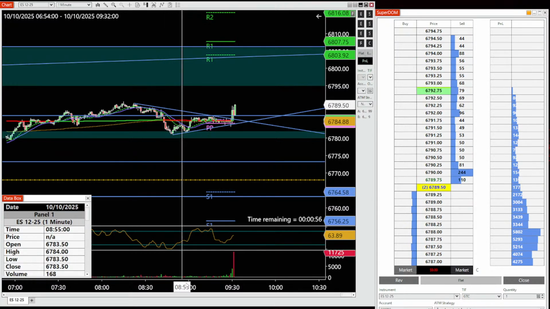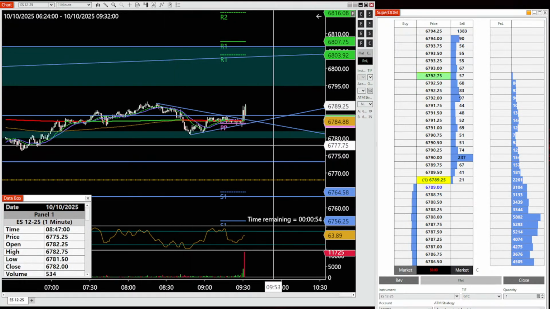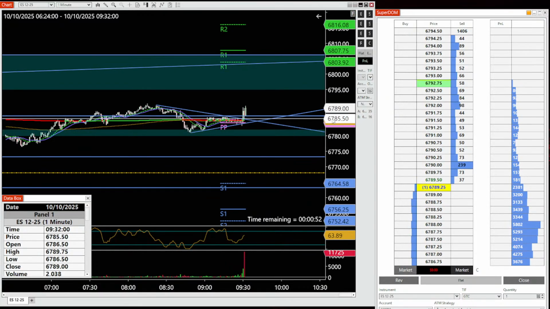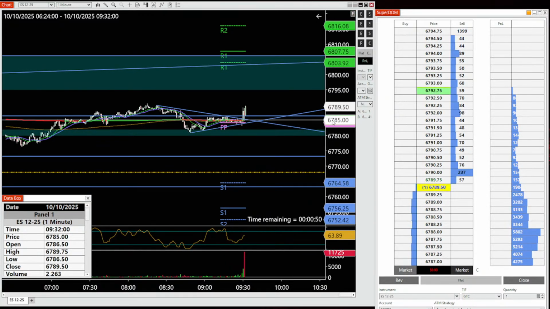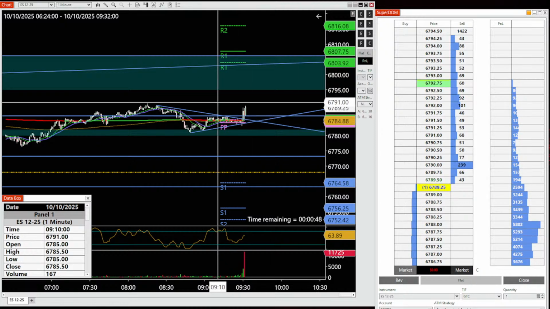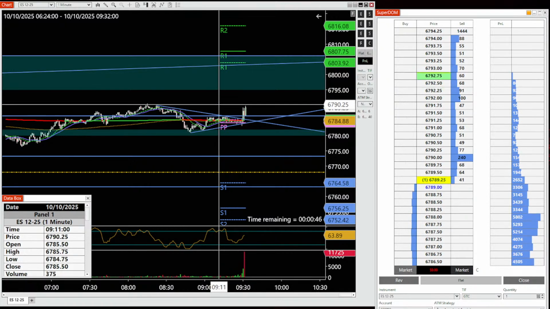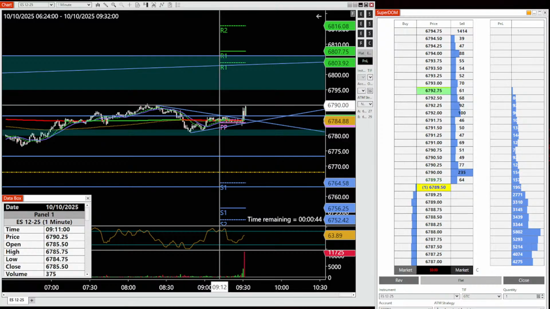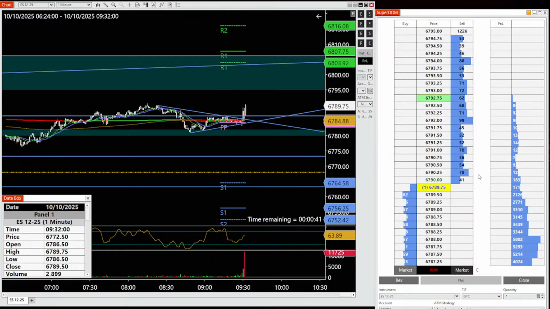We're going to squeeze out the shorts from yesterday. Yesterday we got a squeeze on some shorts. 80, 90. I don't know if I want to be short.